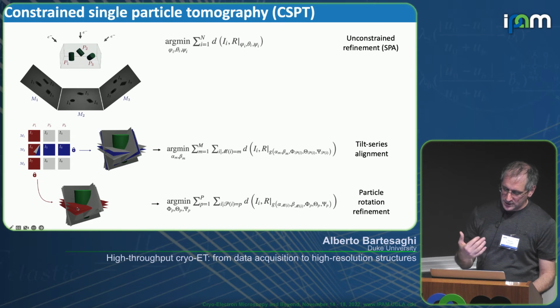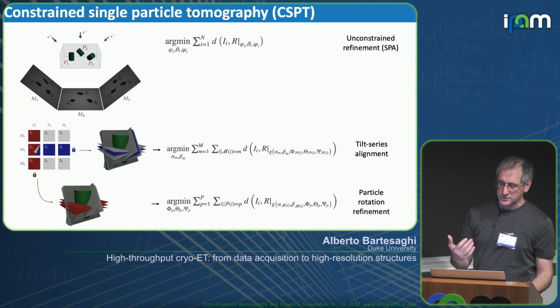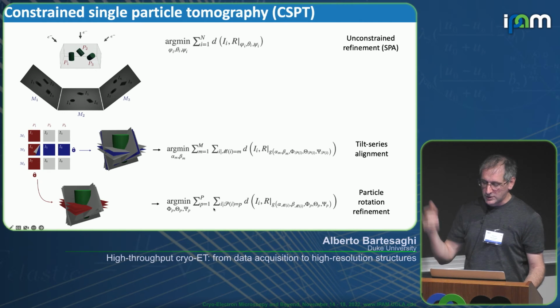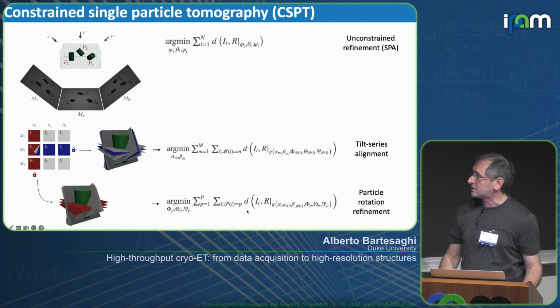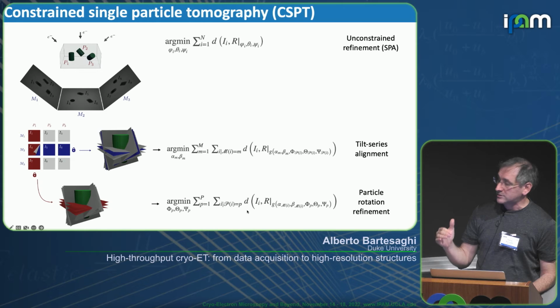So you can refine the particle rotations by imposing those constraints between the different projections of that particle. And the way you do that is very similar. Now your sum runs across all the particles, so here 1, 2, 3, and then inside the sum you're only going to sum over the tilts that correspond to that particle.